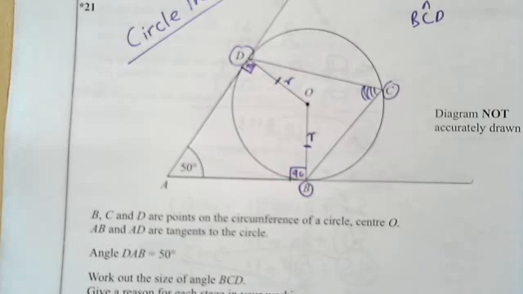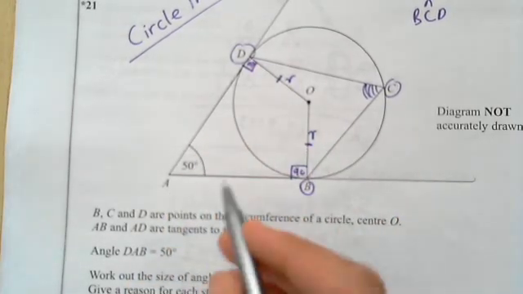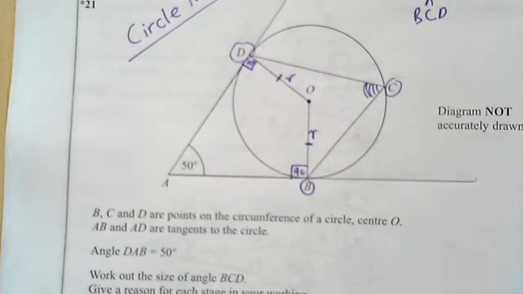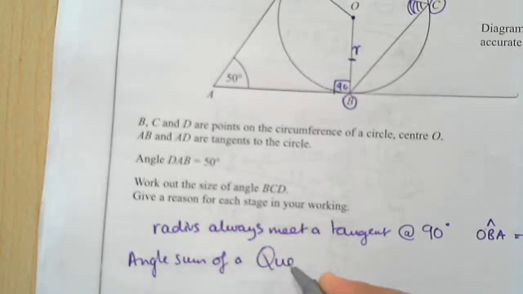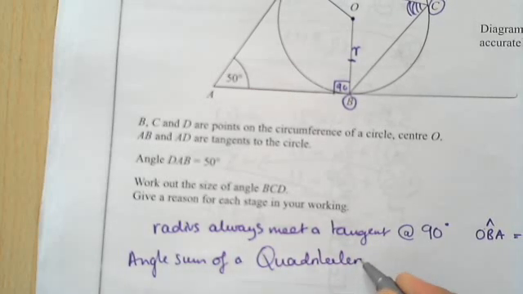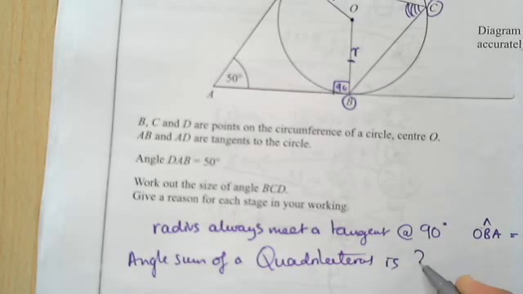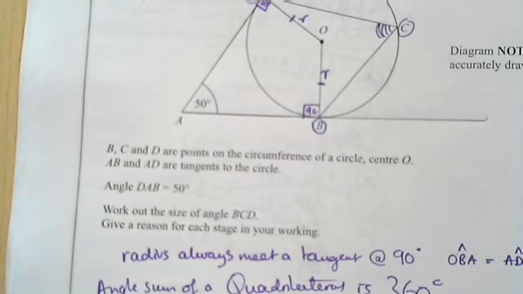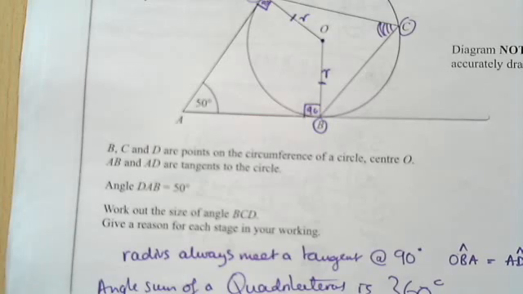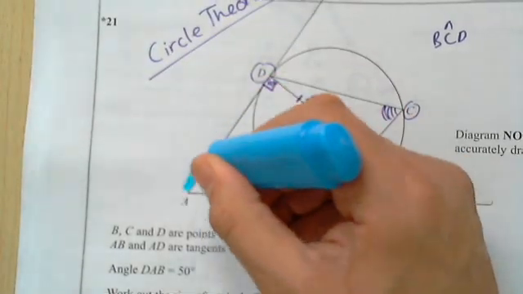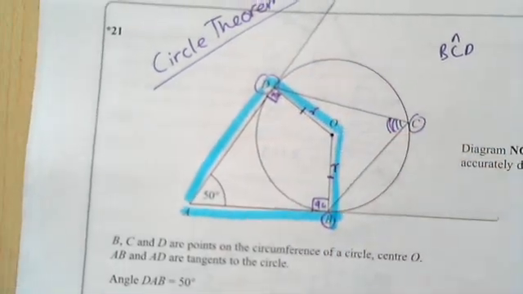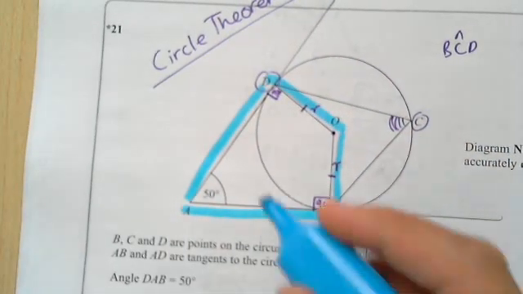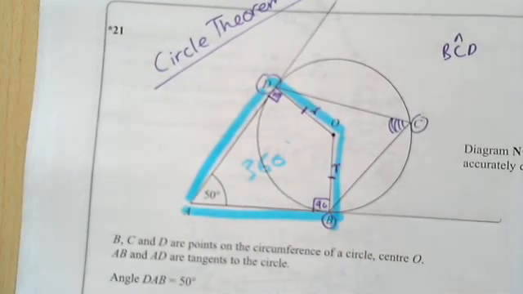Okay, so now this shape is coming to life. Now we have a quadrilateral. The angle sum of a quadrilateral is 360. So if we look at this shape over here, which is a quadrilateral, these angles must add up to 360.